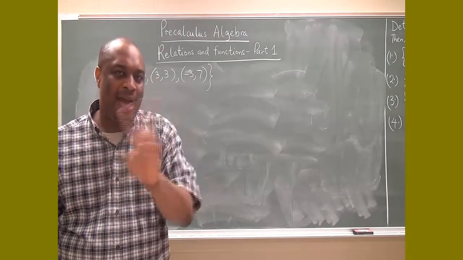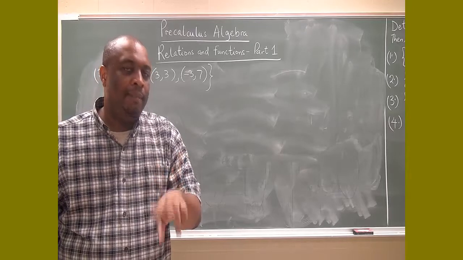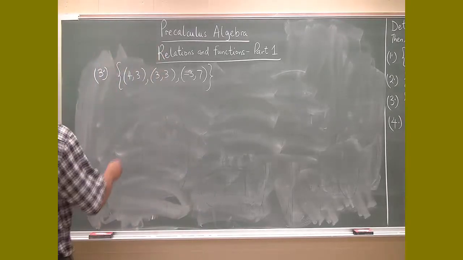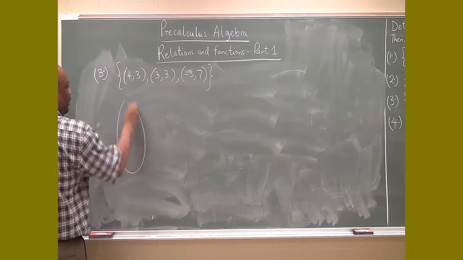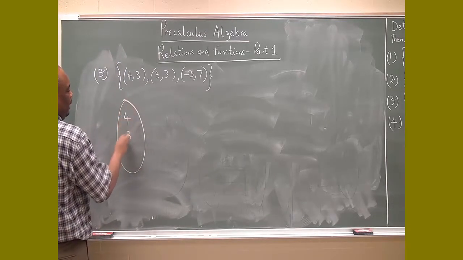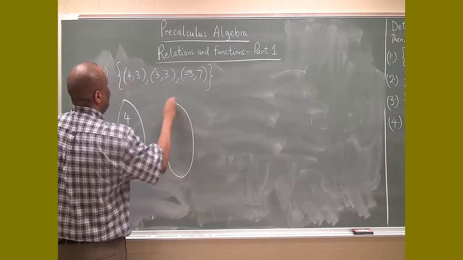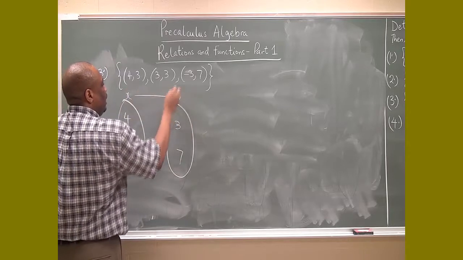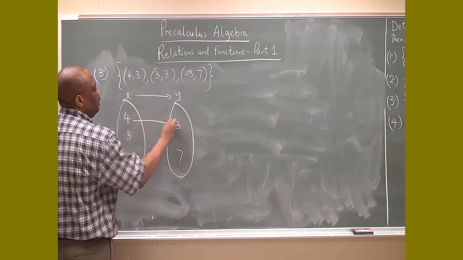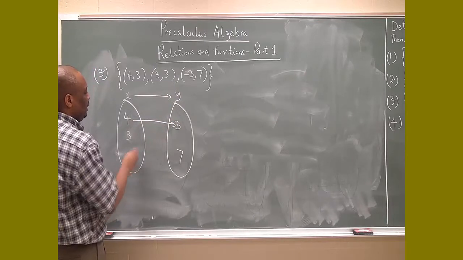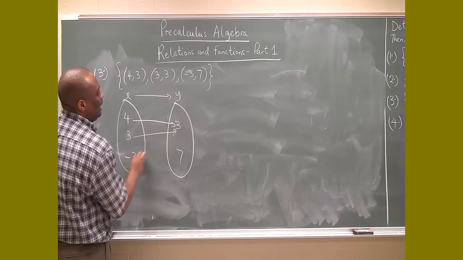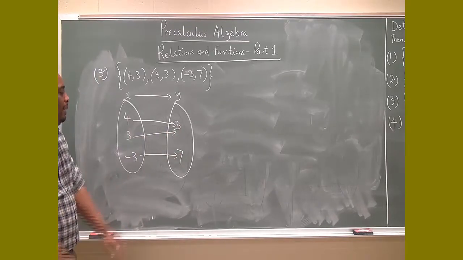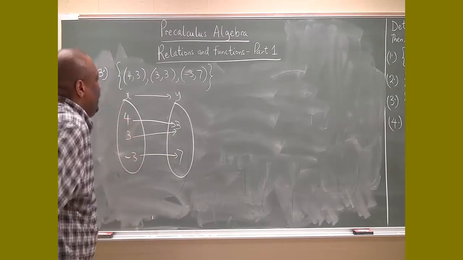One element cannot have two images, but two elements can have the same image. If you want to map it, this will be 4, 3, -3, and this will be 3, 7, mapping x onto y. Now, 4 has an image 3, 3 has an image 3, and -3 has an image 7.